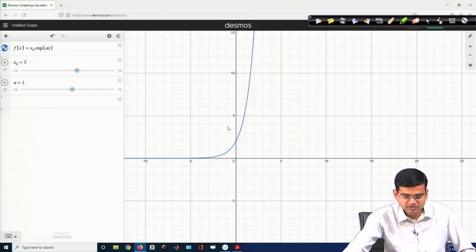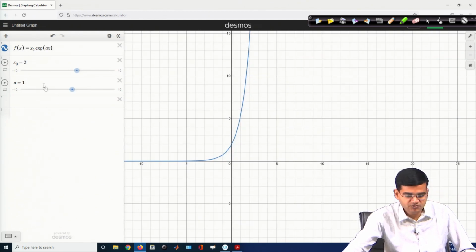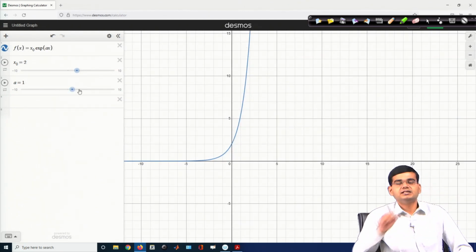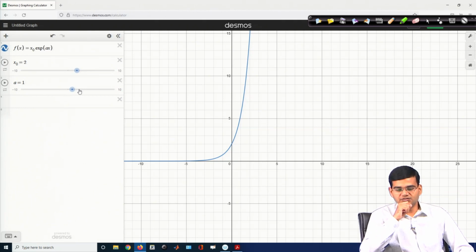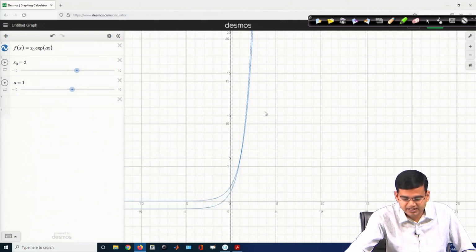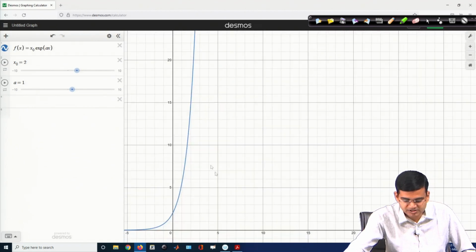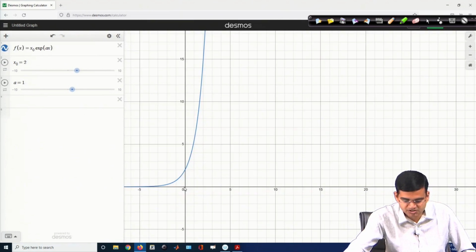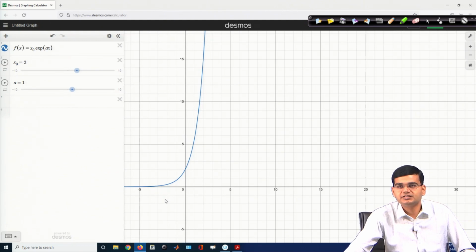Okay, fine. So, I will fixate some value of initial condition, say I will fixate it on 2. Now, for a equal to 1, which means a is greater than 0, I see an increase in the value. See, the time t equal to 0 starts from here. For engineering applications, this negative part of the time does not exist. For the sake of mathematical completeness, we can always analyze the problem for negative time as well.